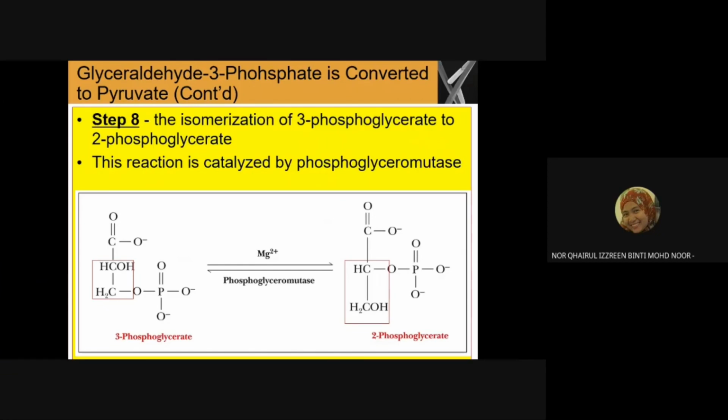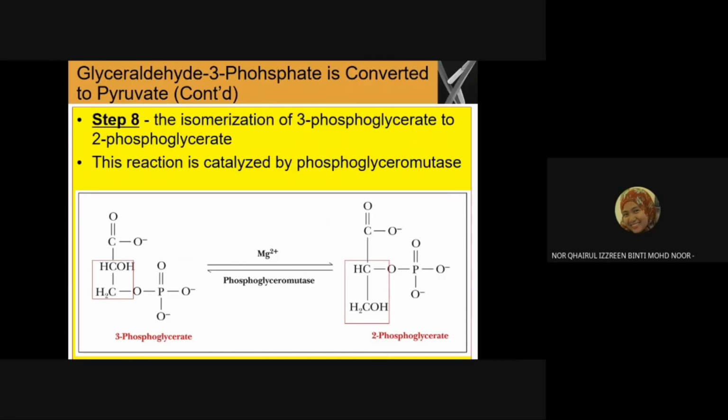So the charges at carbon number 2 and carbon number 1 are nearer. When nearer, it is much more unstable, and when it is much more unstable, it can convert to another molecule easily.